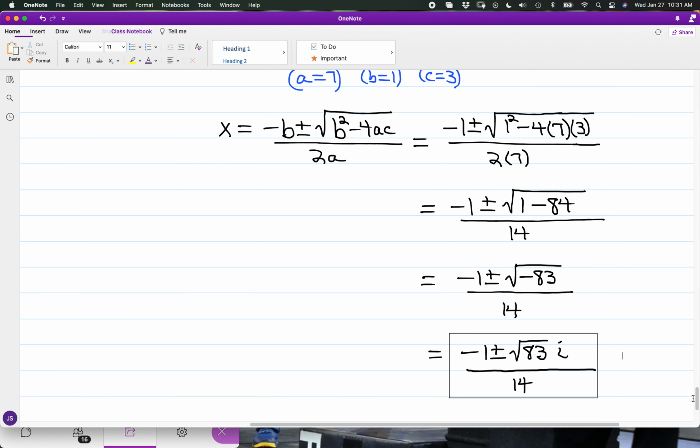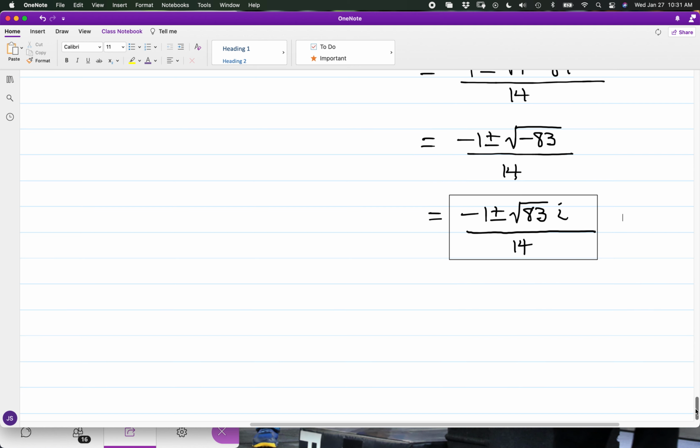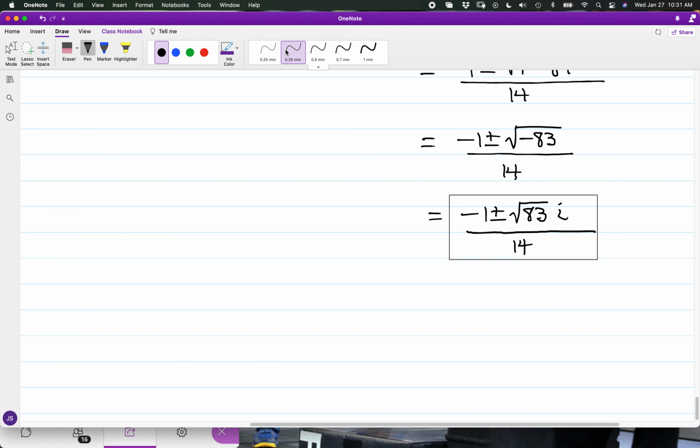And I'll tell you what, in the case of solving equations, just for the next few moments, in solving for x, let's see what we get for x squared plus 100 is equal to 0.